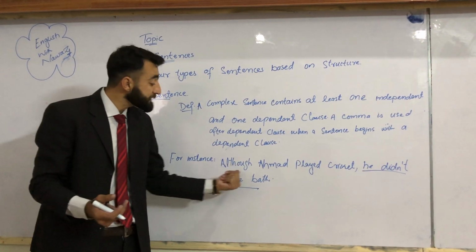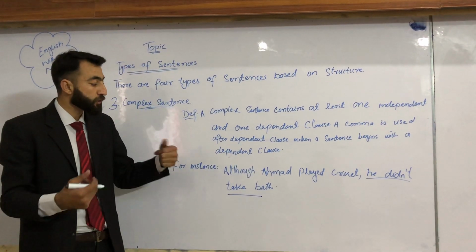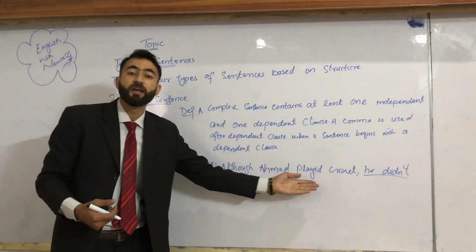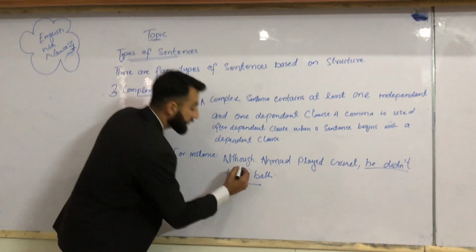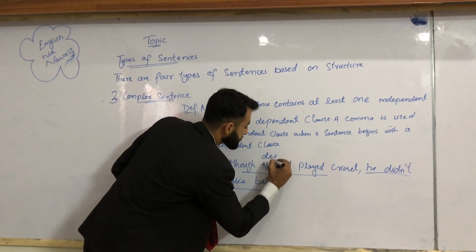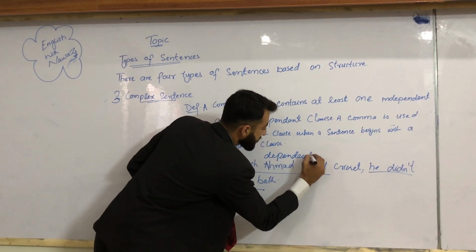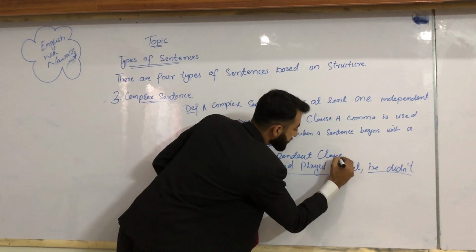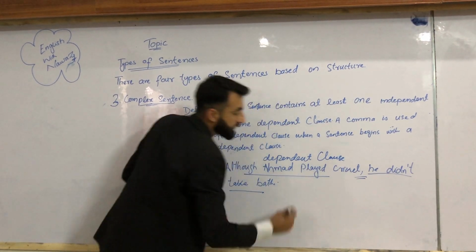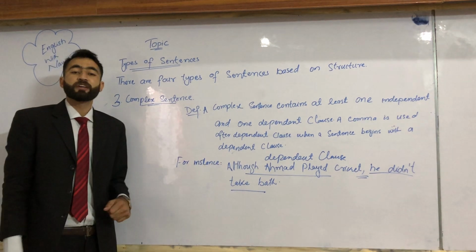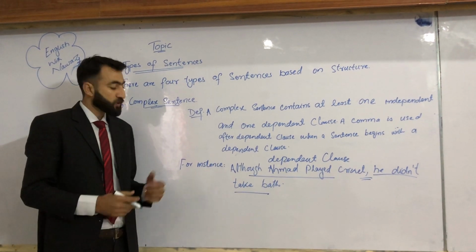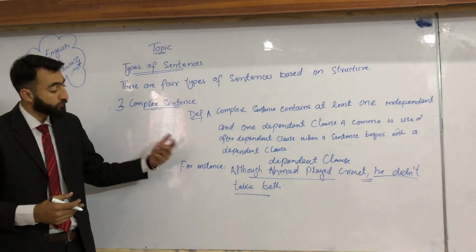It gives us an incomplete idea or thought, and it cannot stand alone. So that's why it is called the dependent clause. But the rest after the comma, he did not take bath, is an independent clause. So I hope you have got the point.